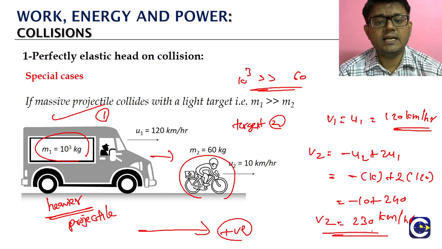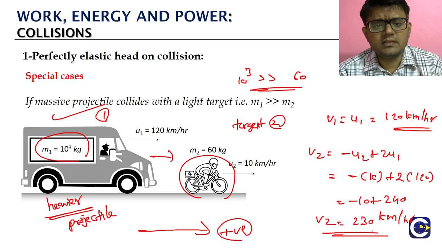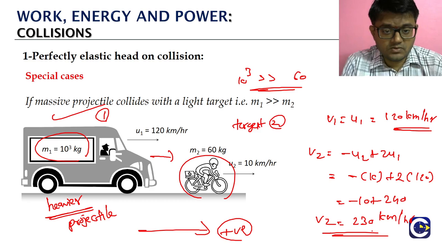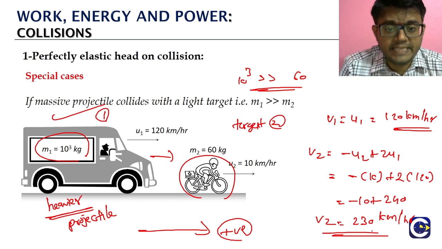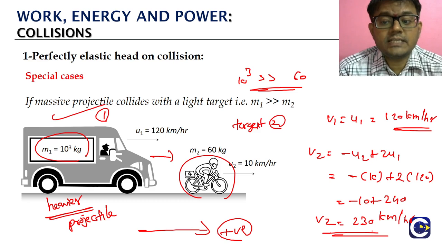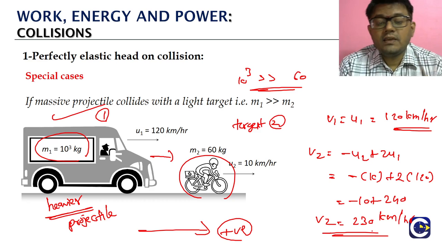Like recently in Gujarat or somewhere, a car hit a person and the person went onto the first floor of the building. After the collision, the person is of course dead, but his body went to the first floor. Look, that is the kind of impact that a collision with a heavy mass will have.